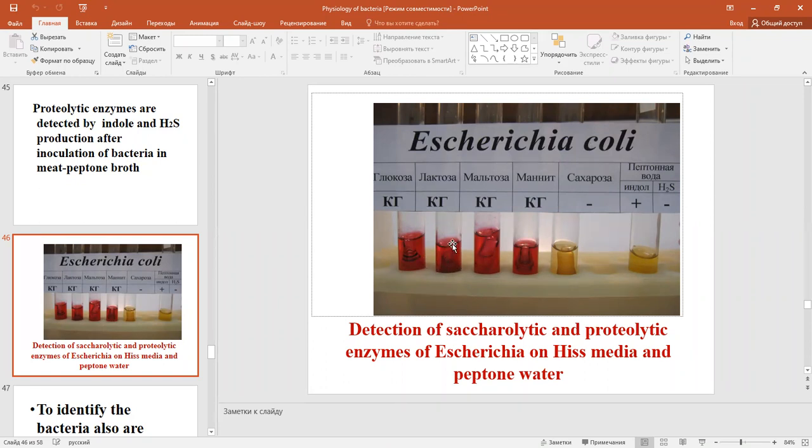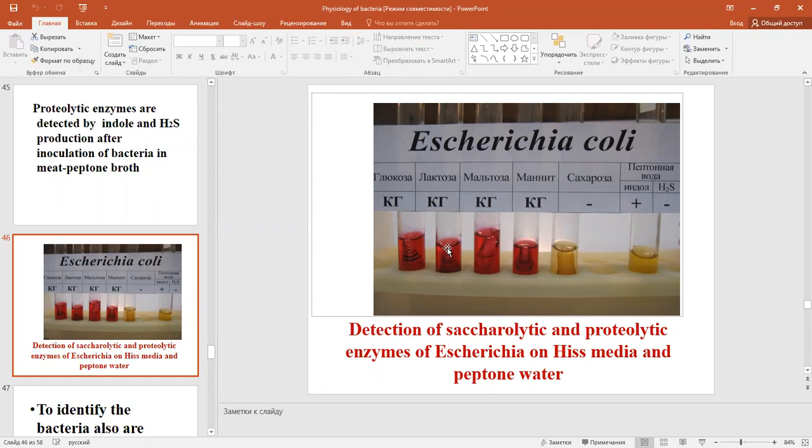They will get red color on McConkey medium, and bacteria of Salmonella genus and Shigella genus are not able to ferment lactose. They are lactose negative, so the pH is not changed. Anyway, they will multiply, but without changing of pH, and they will develop colorless colonies.